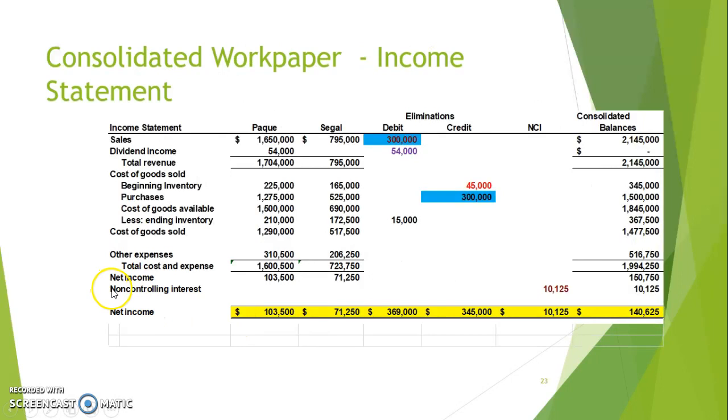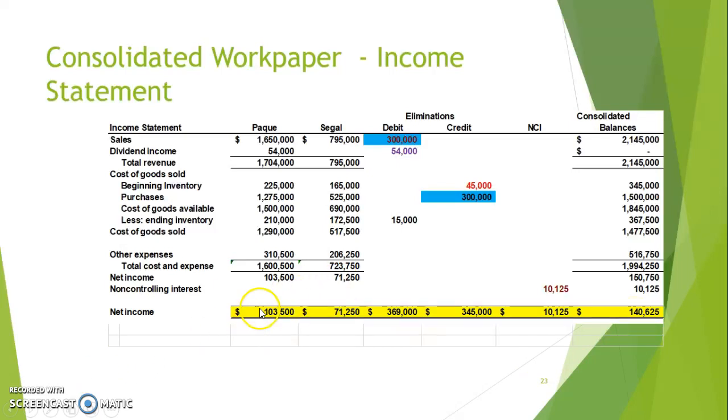So the non-controlling interest in the income statement, therefore, will have $10,125, and that is subtracted from the net income here of $150,750, so that the $140,625 is what belongs to the parent.